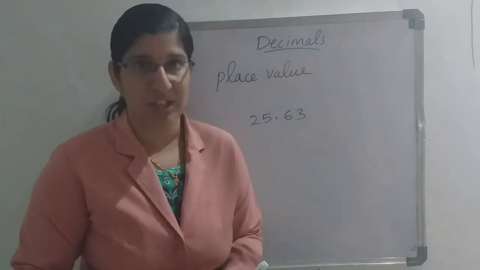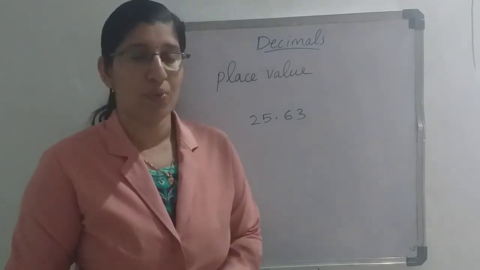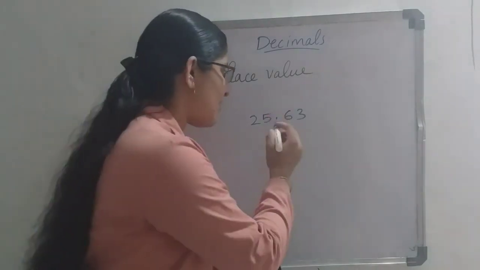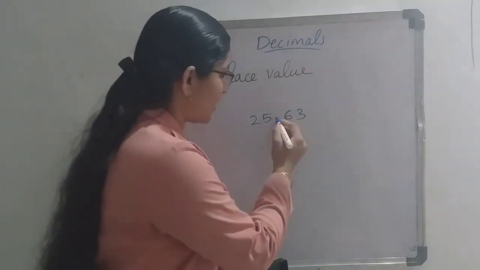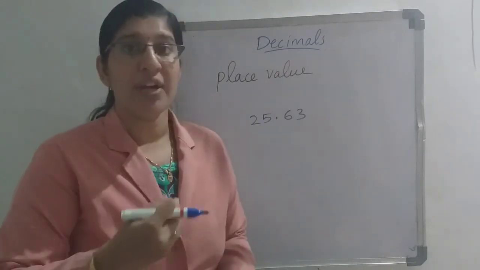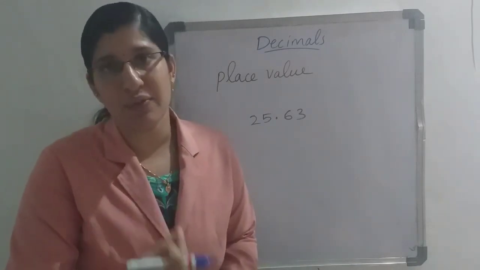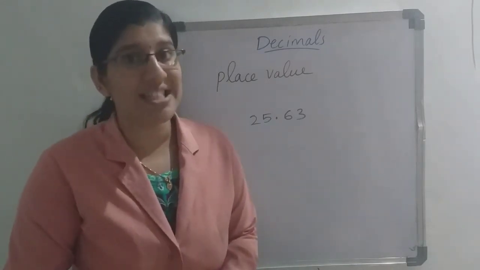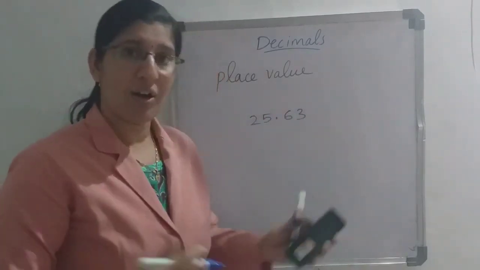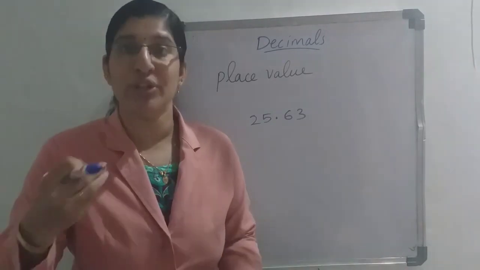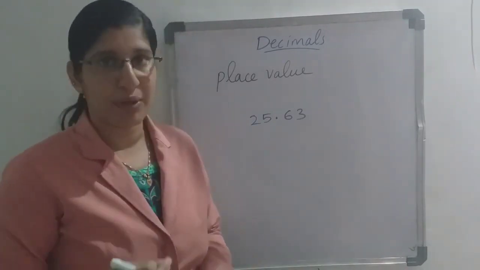I am not saying sixty-three. Why? Because whenever we are reading the number after the decimal, we need to read the digits individually, one by one only.